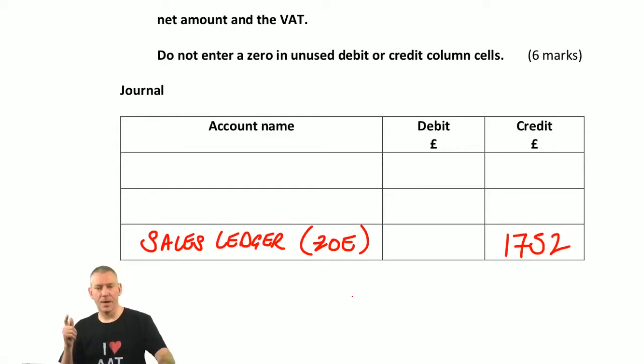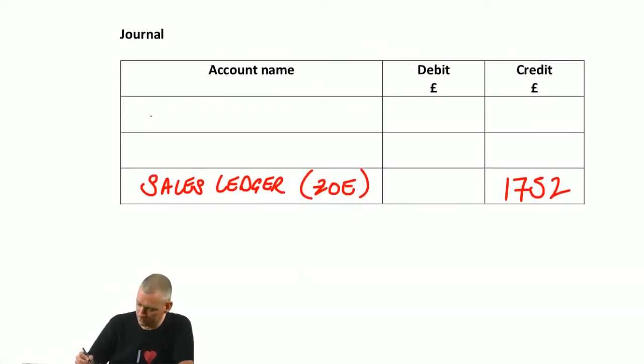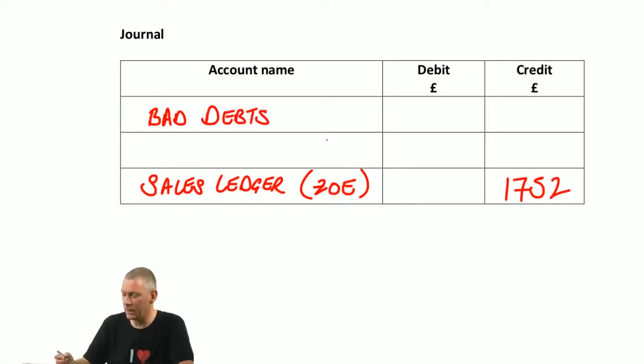So the amount of bad news that I have is less than the balance of 1752. So the bad debts recognition, the charge to irrecoverable receivables in the P&L, is less than the full balance because I'm going to get some of my VAT back.